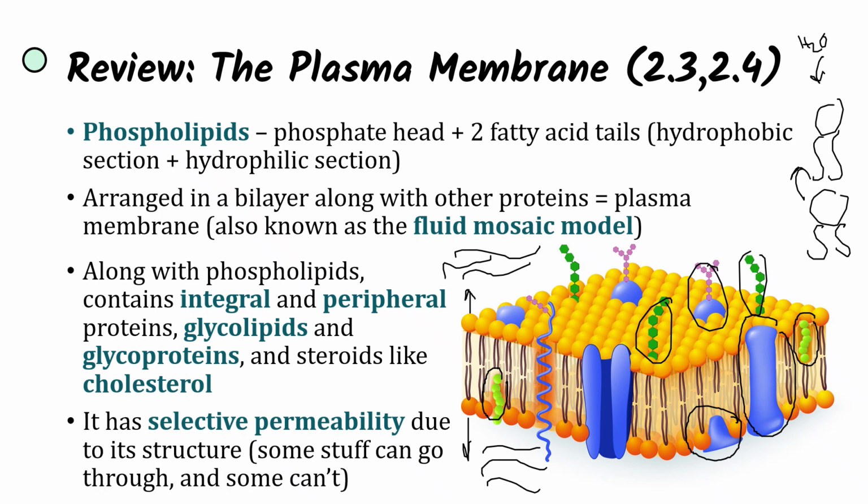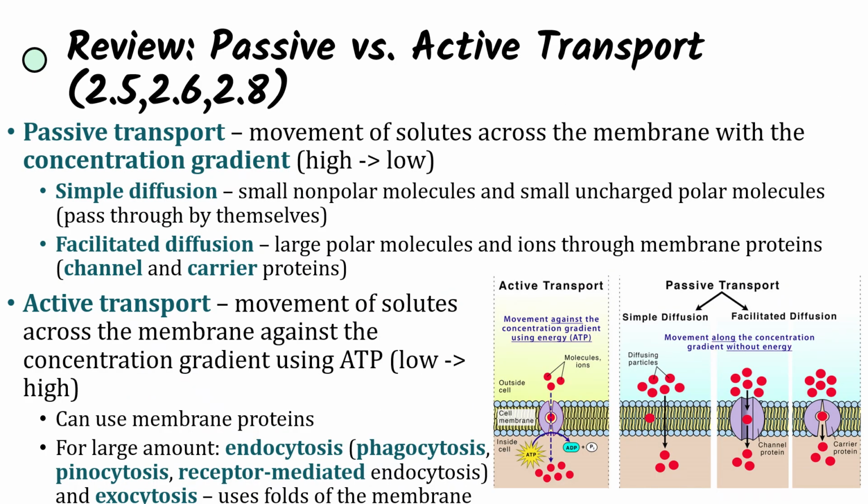So now let's take a look at things going through the cell membrane. Here we go, passive and active transport. And we're going to be taking a close look at what things can pass freely through the membrane and what can't. So passive transport is the movement of solutes across the membrane with the concentration gradient, from a high concentration to a low concentration.